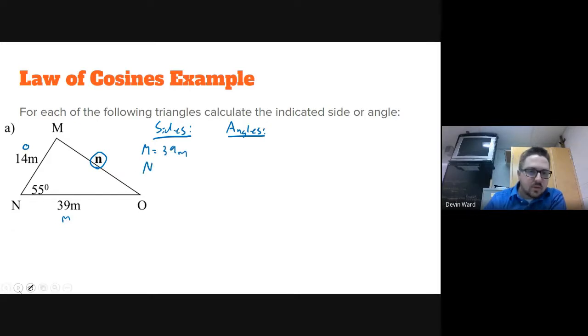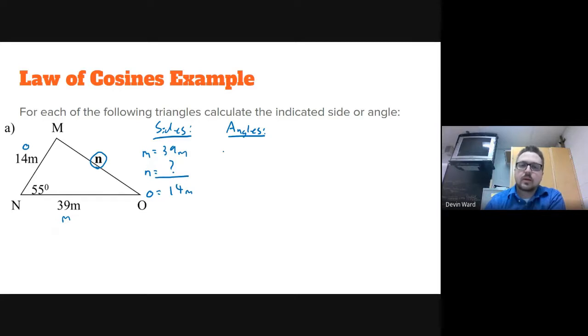Oh, sorry, these are sides that are lowercase. Lowercase m is 39 meters. N, we don't know, but we're going to find out. And little o is 14 meters.